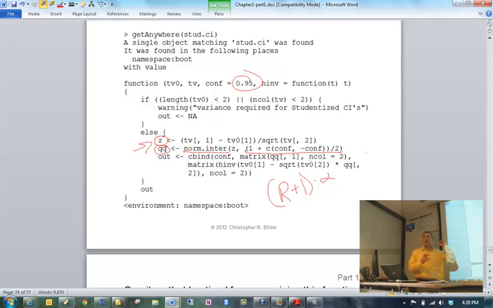But let's say instead r was 1,000. So that means 1,001 times 0.025 is not an integer. Well, what do you do? Well, in our book, based upon its definition of what a quantile is, it would still take the 25th ordered value. That's why we use the type equal 1 argument for quantile.